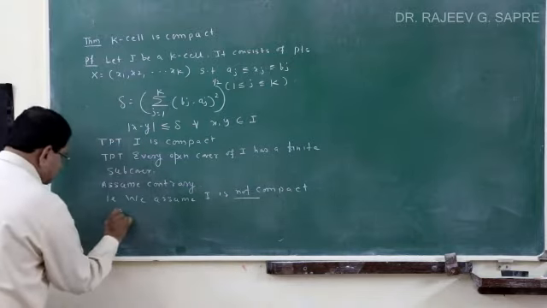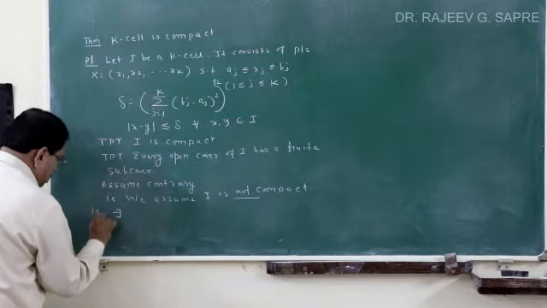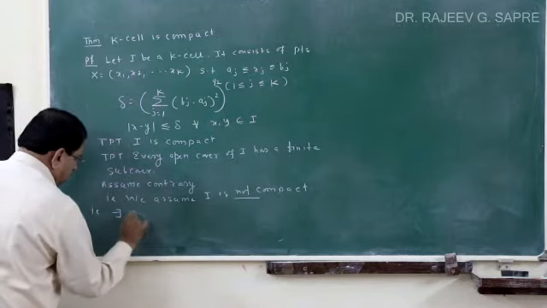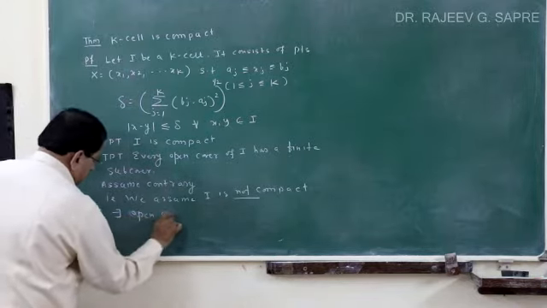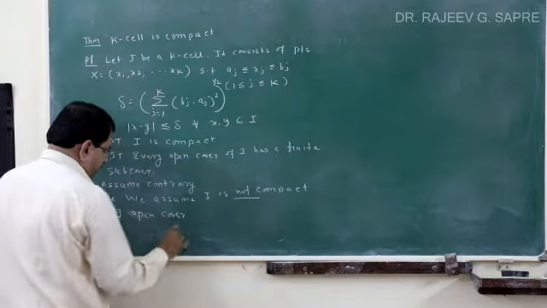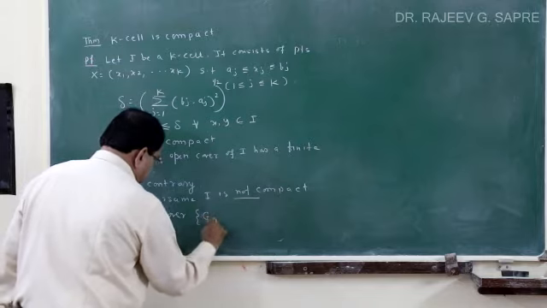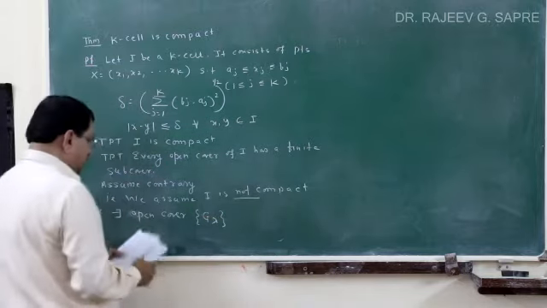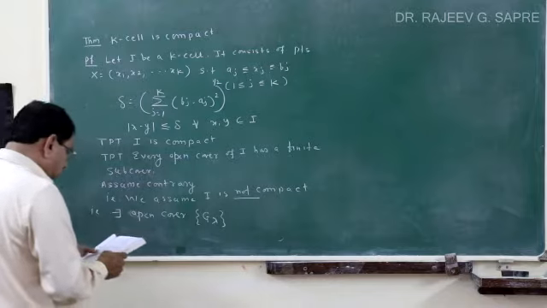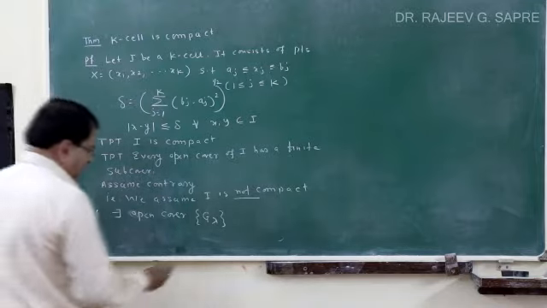That is, there exists an open cover, say G lambda, such that it has no finite subcover.